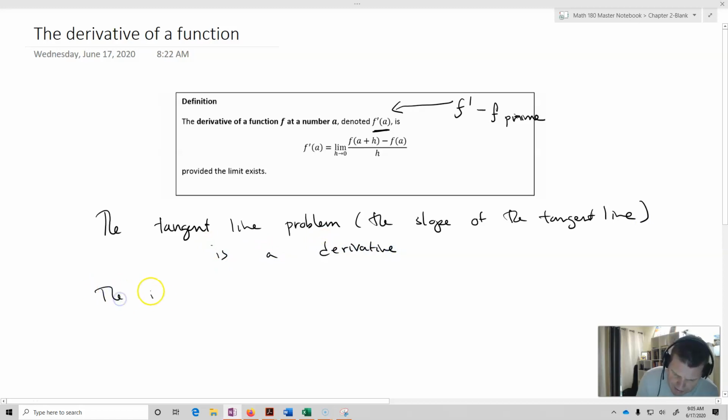The instantaneous velocity is the derivative of the position.